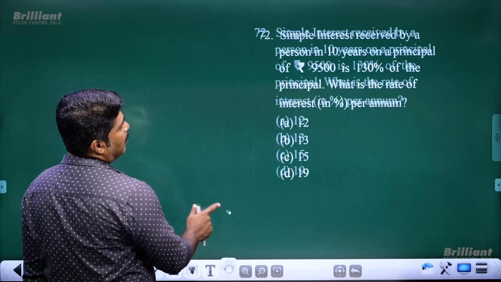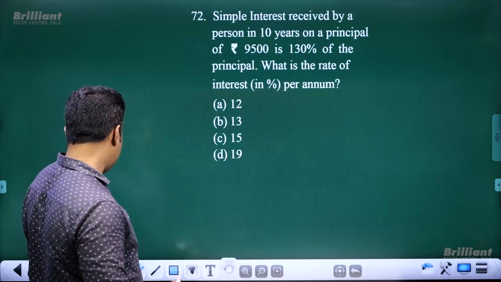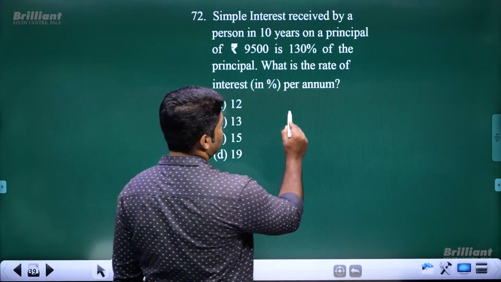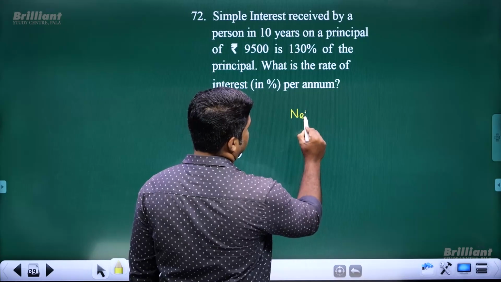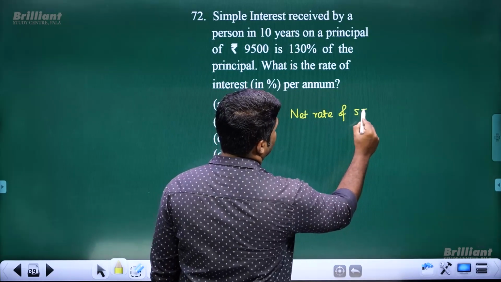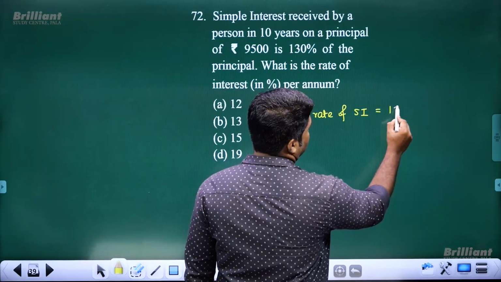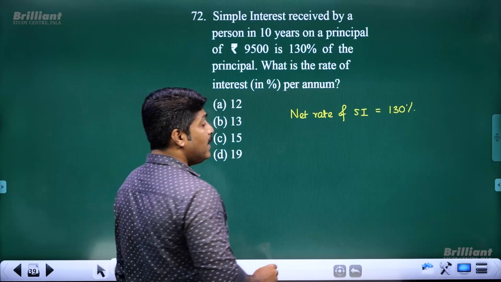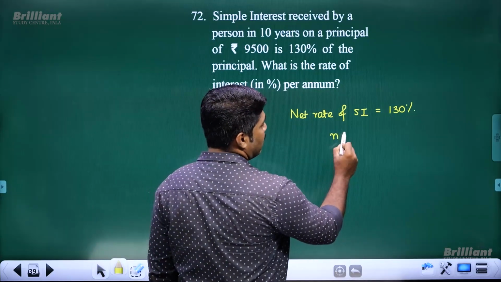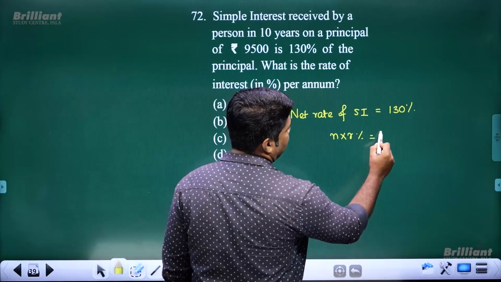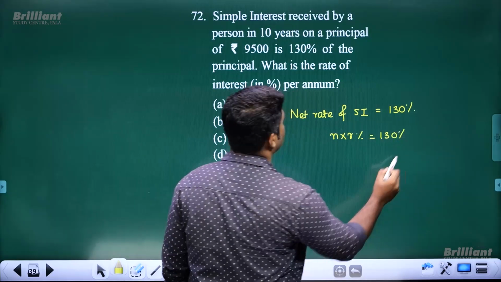You don't have to bother about values like 9,500 here. What is the net rate of interest here? Here we are considering the net percentage of interest. This net rate of interest means the number of years into rate of interest. So this is equal to 130%.